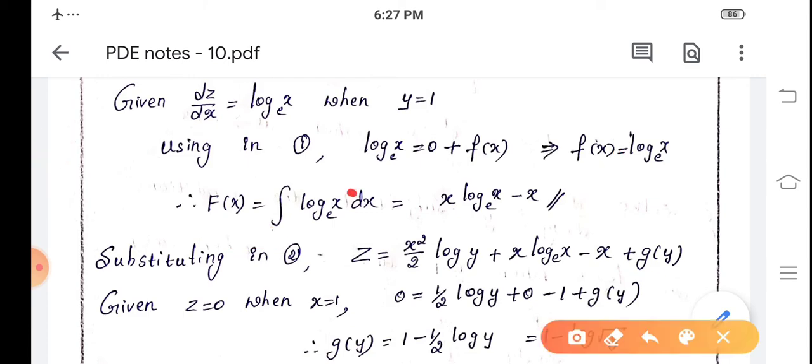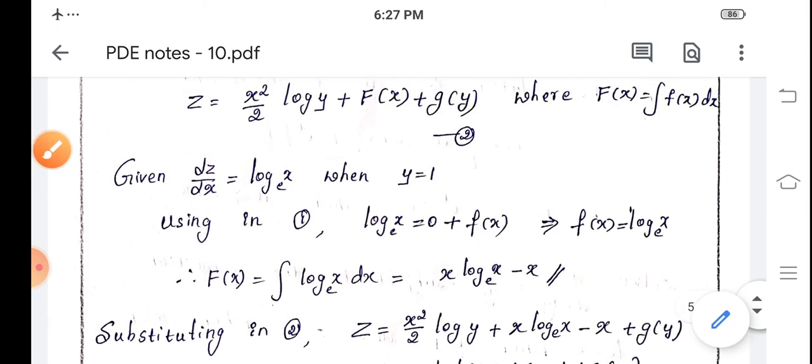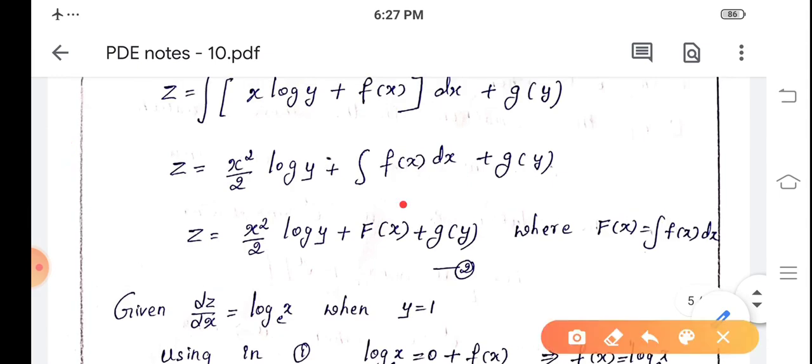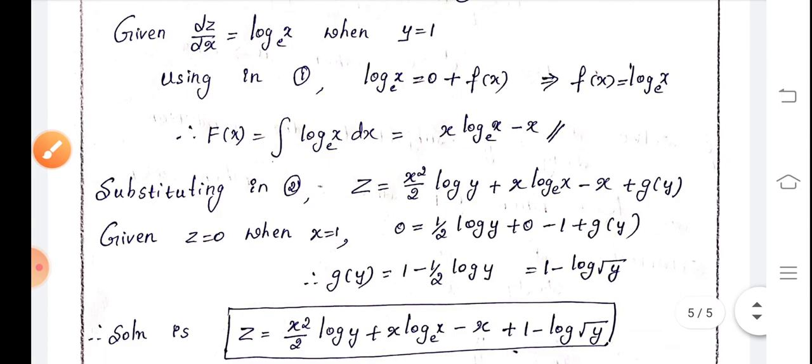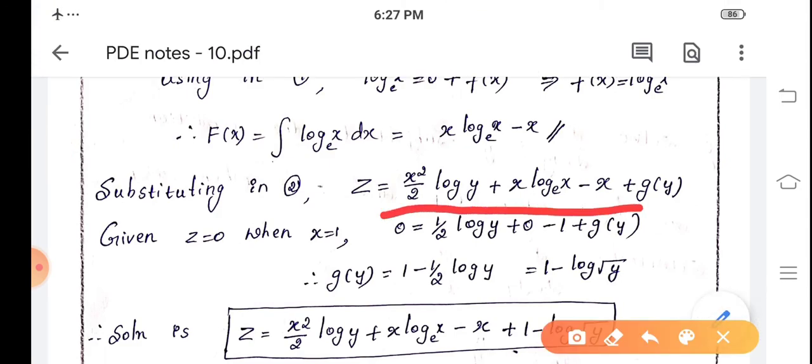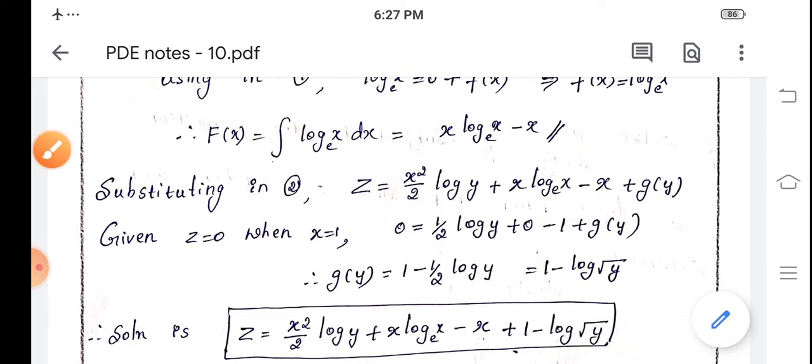That will be the integration of log x. We have the formula: integration of log x is x log x minus x. So capital F of x is x log x base e minus x. Now substituting this capital F of x value in equation 2, we write z = x²/2 log y plus x log x minus x plus g of y.